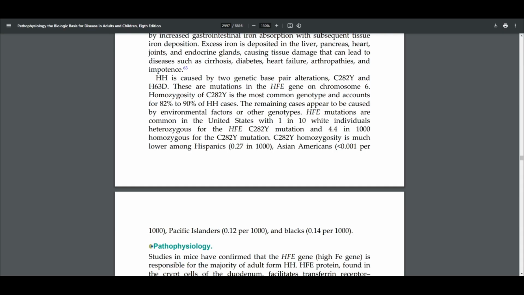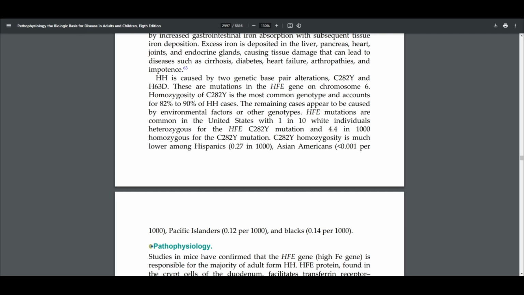These are mutations in the HFE gene on chromosome 6. Homozygosity of C282Y is the most common genotype and accounts for 82 to 90% of HH cases. The remaining cases appear to be caused by environmental factors or other genotypes.